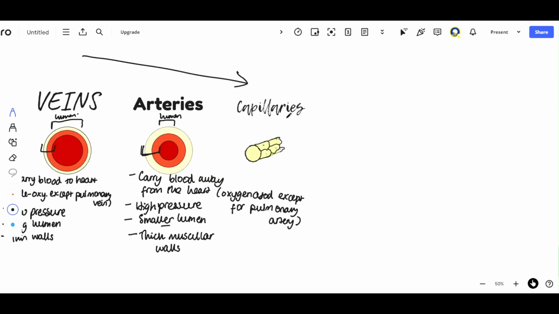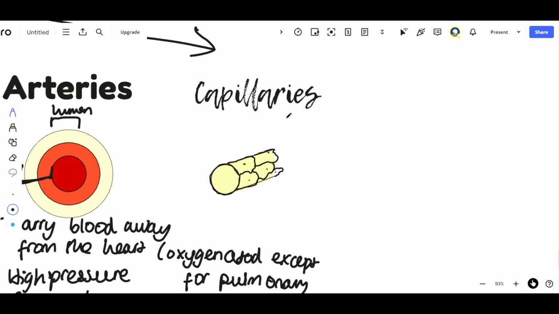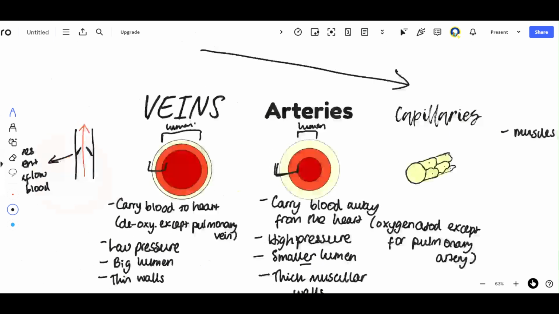Right, moving on to capillaries. Capillaries are found in muscles and lungs. Capillaries are very, very tiny, and you can already tell from the diagram.